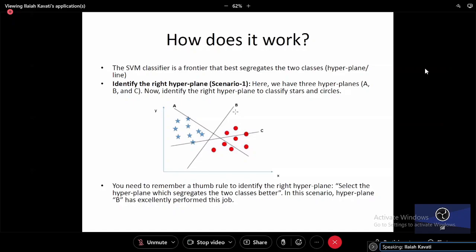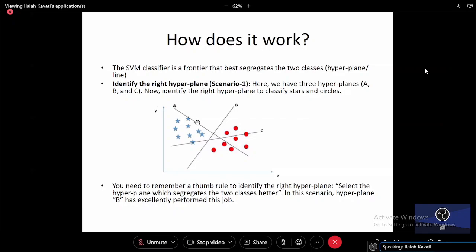Based on the objects given, the hyperplane shape will depend. But here you can see a simple case. There are two different types of objects. Now we have drawn three different hyperplanes. These are linear hyperplanes.